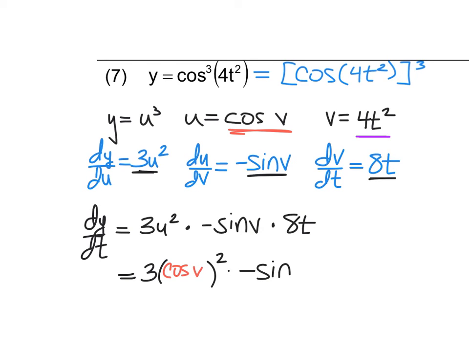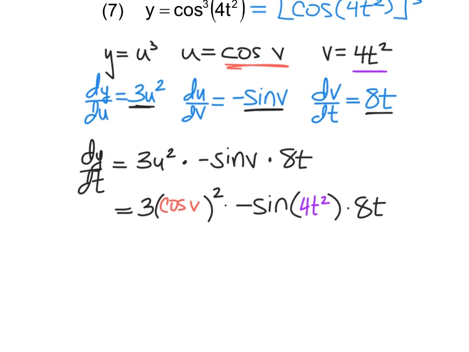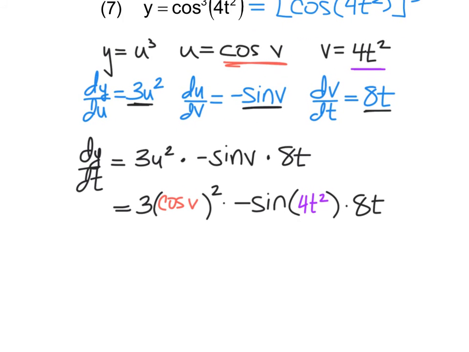V is 4t squared. The last part, the 8t, that's fine as is. I'm almost 100% there. Only in terms of t, only in terms of t.